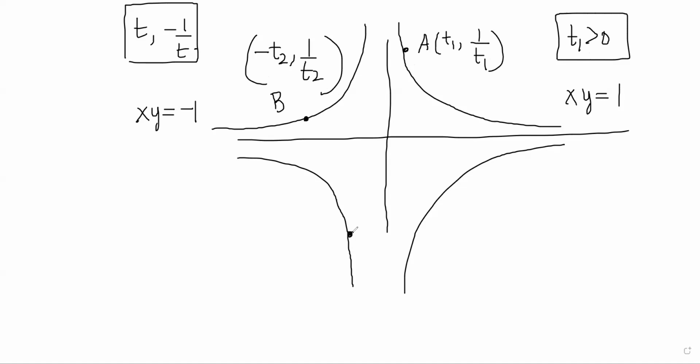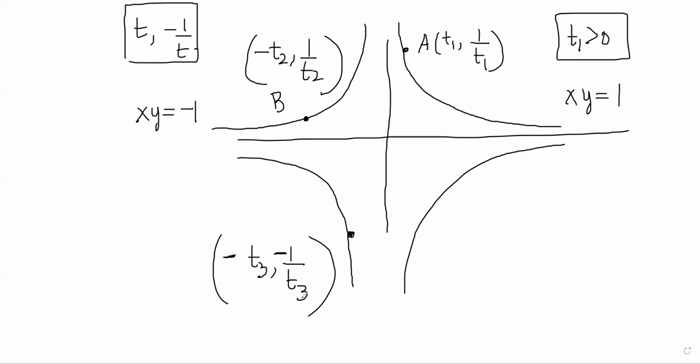This point, the third vertex, would be minus t1 and minus 1 by t1, right? This will be the third point.